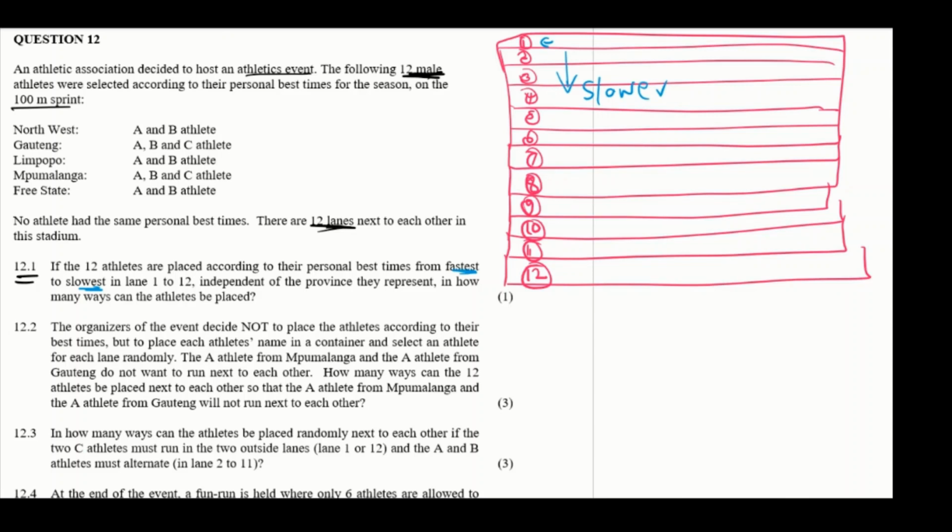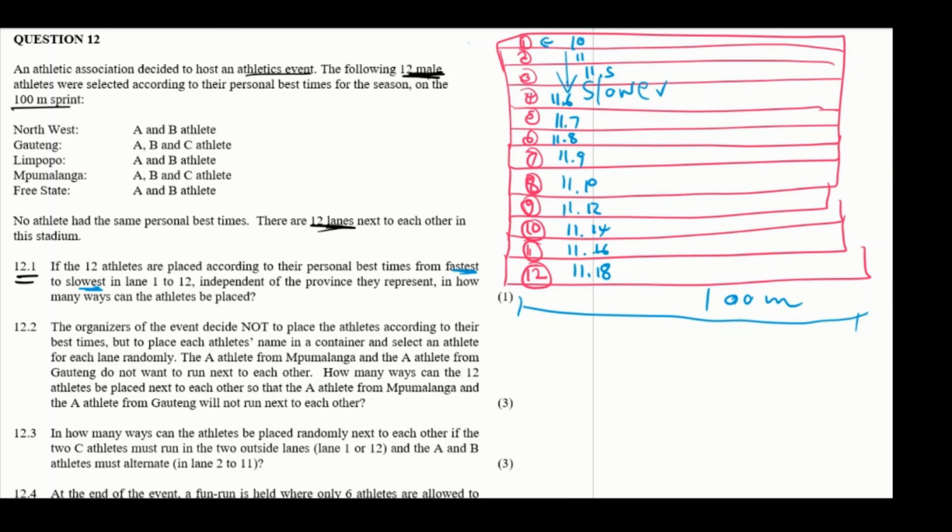For example, athlete number 1 takes 10 seconds for a 100-meter race, athlete number 2 takes 11 seconds, athlete number 3 takes 11.5, athlete number 4, 11.6, 11.7, 11.8, 11.9, and so on.